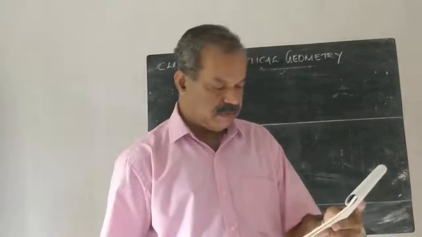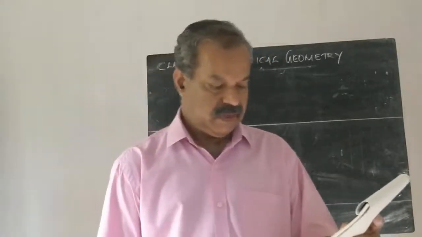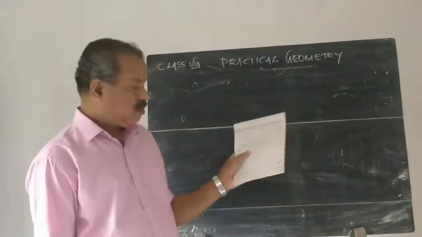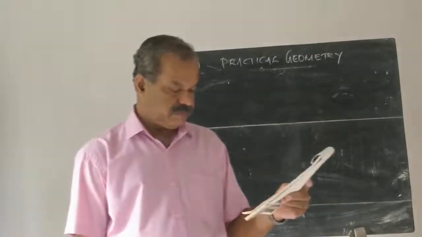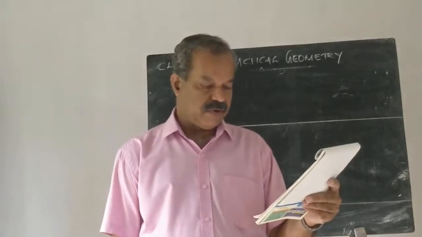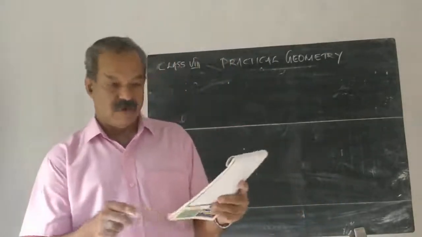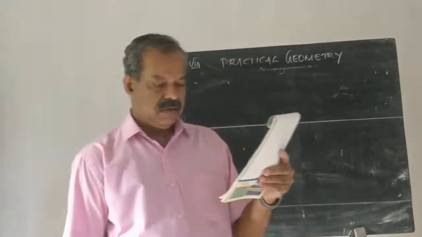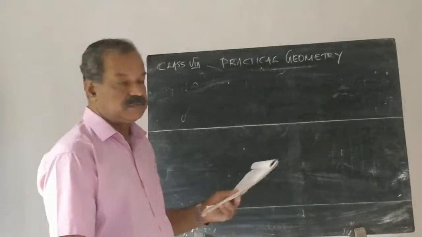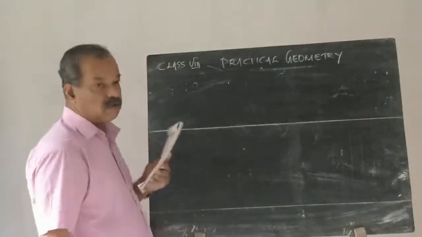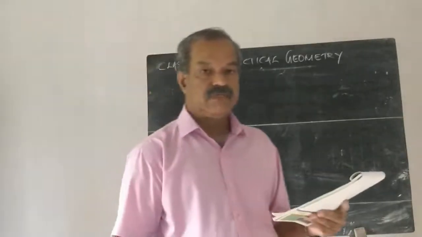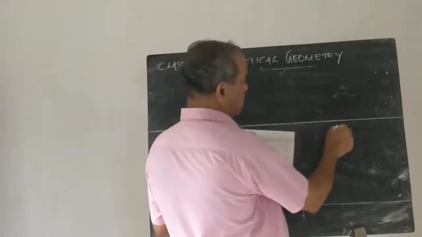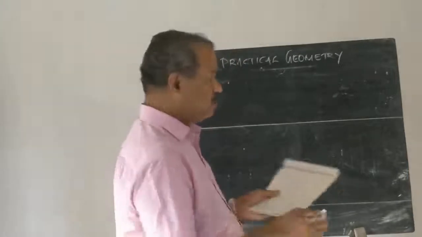Read textbook pages 57 to 60 and study carefully the steps of construction, how they are written, and then do exercise 4.1, all questions. In 4.1, one question is to construct rhombus BEST. What is a rhombus? A rhombus is a parallelogram in which all the sides are equal. So the construction can be done. The first and second quadrilaterals you can do.